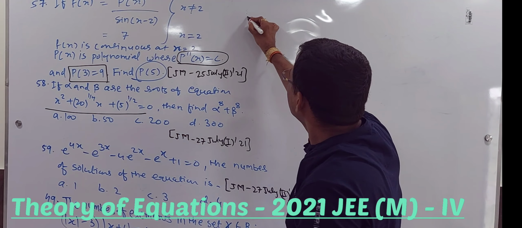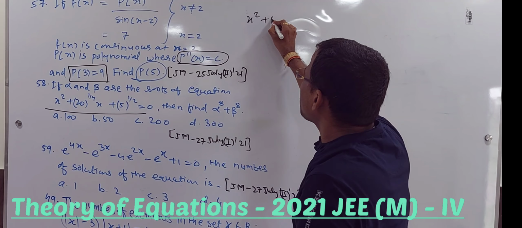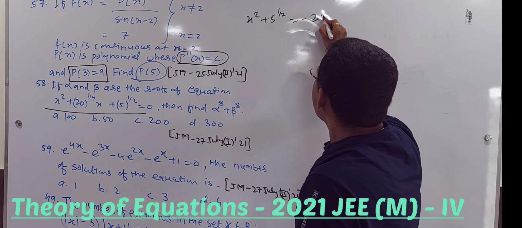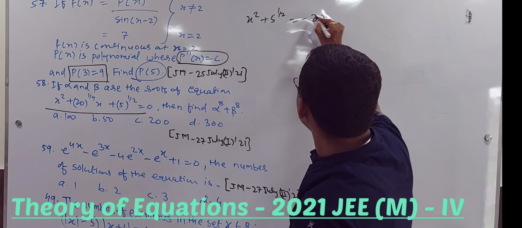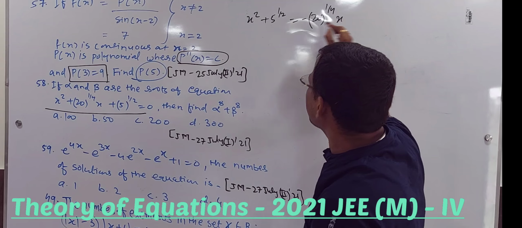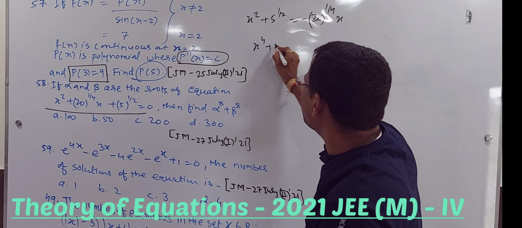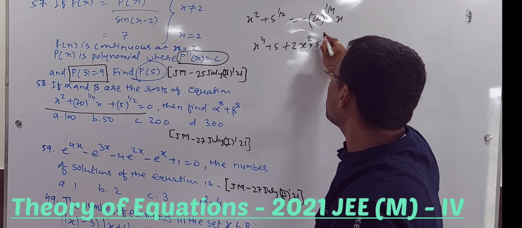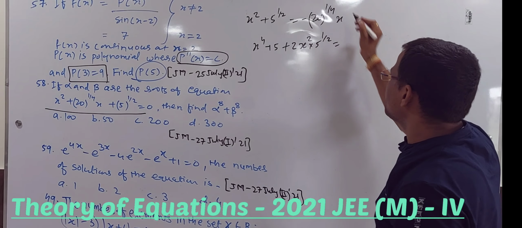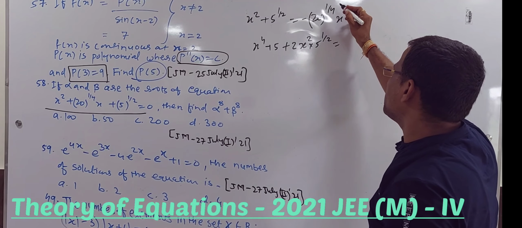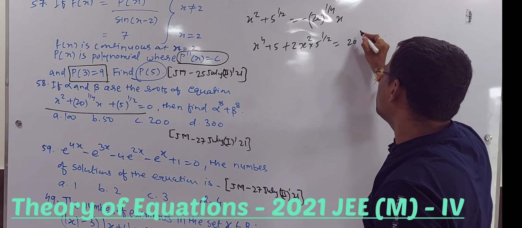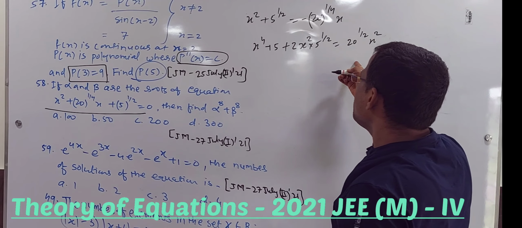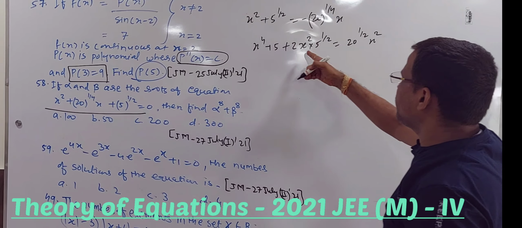So (x square plus 5) power half is equal to minus 20 power 1 by 4 x. Squaring both sides, x power 4 plus 5 plus 2x square into 5 power half is equal to, the negative square is positive, and 20 power 1 by 4 squared is 20 power half x square.